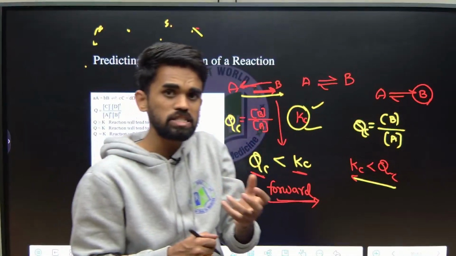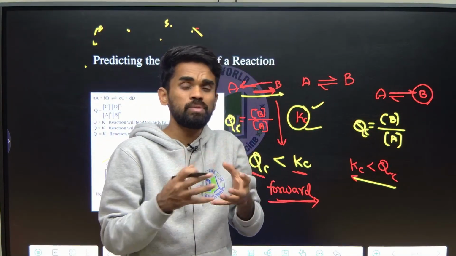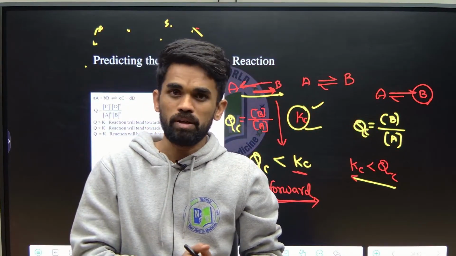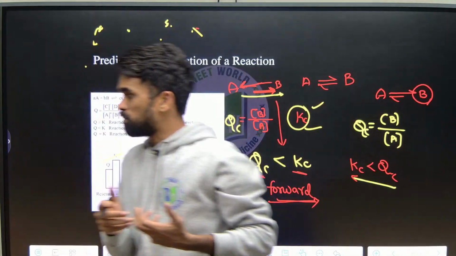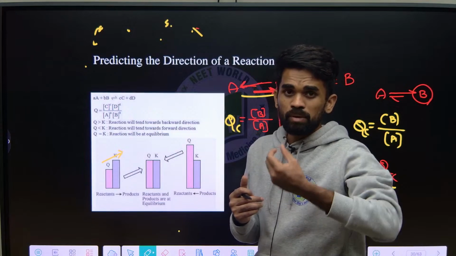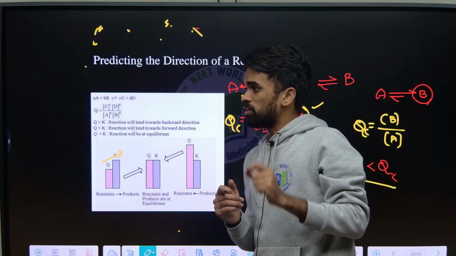Why are they moving? Because any system of this nature always tries to attain equilibrium, because equilibrium is the most stable state with maximum randomness, you can remember. Maximum randomness and minimum Gibbs free energy will be attained at the equilibrium state. Remember this point, very important.